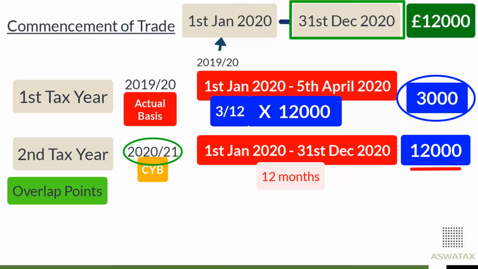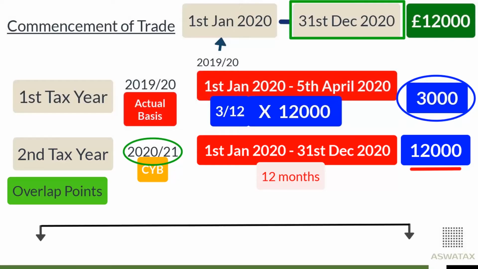I highly recommend the timeline, which is you simply draw out a timeline. You have your commencement, which is 1st of Jan 20. You have the end of the accounting period, 31st December 20. And you have 5th of April somewhere there. 1st Jan to 5th of April 20 was taxed in the 2019-20 tax year.